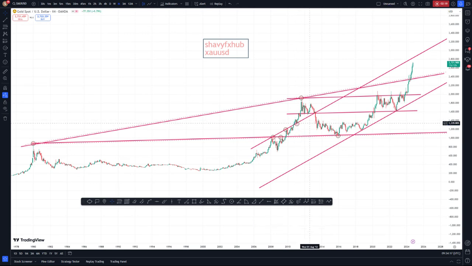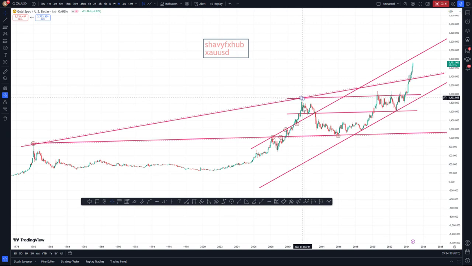So on a monthly time frame, we have an ascending trend line running from 1979 into 1980, and we made a retest in August 2011. Price made a dramatic drop.